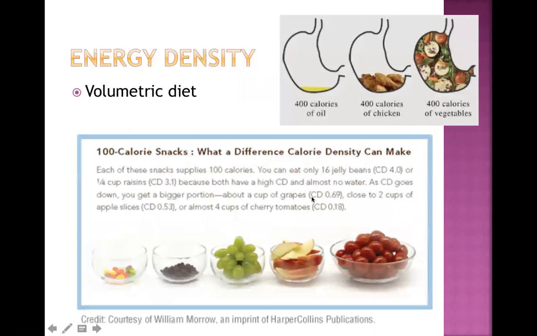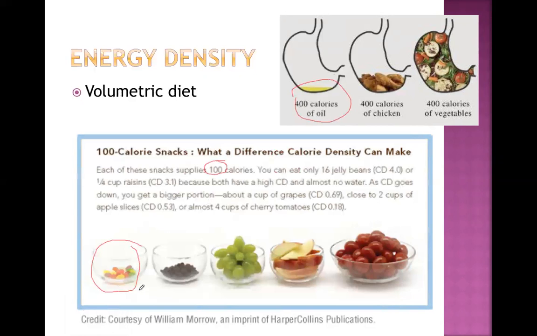Okay. Additional ways to visualize energy density. Energy-dense foods are compact foods that have a lot of calories per their volume. Examples of energy-dense foods are oil and jelly beans. The oil at the top has 400 calories. The jelly beans at the bottom have 100 calories.